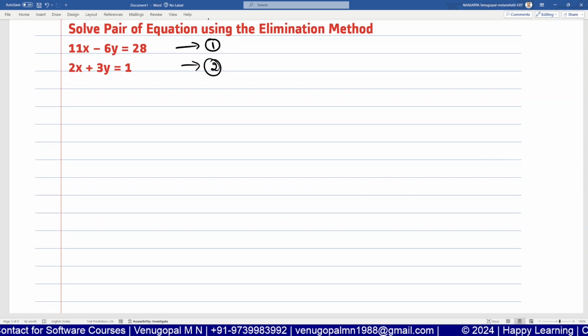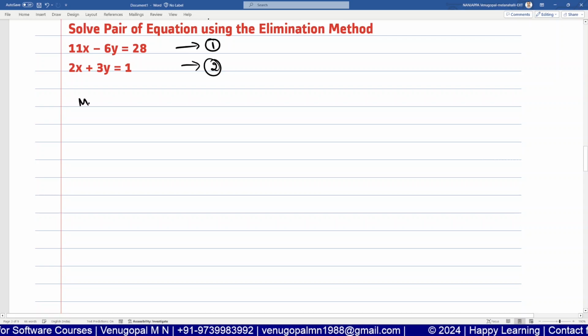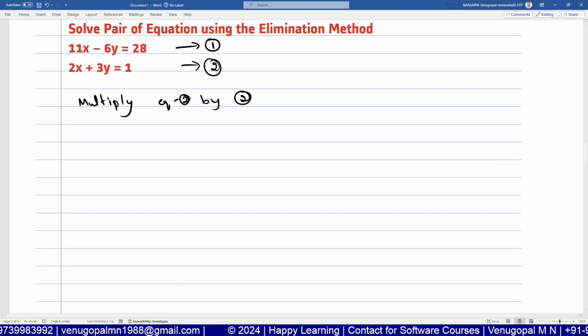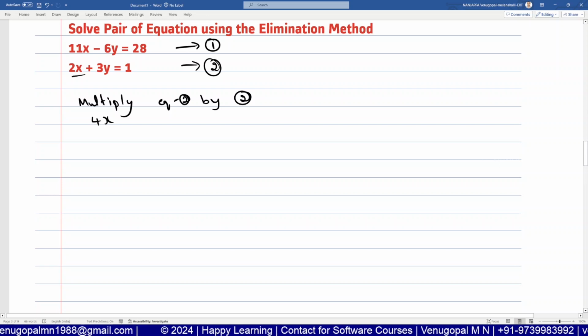So what we can do, we can multiply equation 2 by 2. So if I multiply this equation by 2, this will become what? 4x plus 2 threes are 6y is equal to 2. So now I call this as 3.